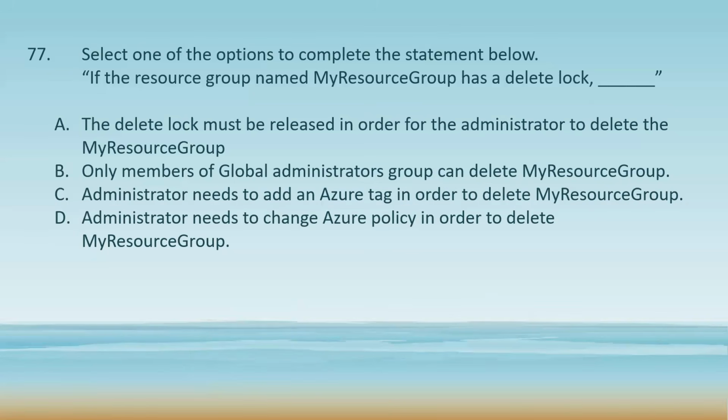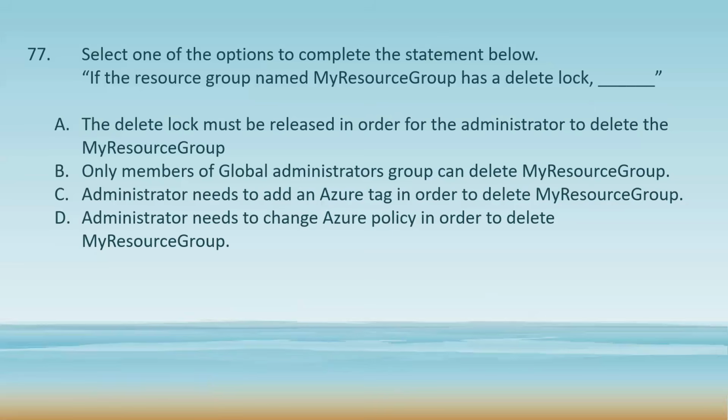Let's start by looking at option D first. It talks about a change in Azure policy, and policies are used for implementing compliance and organizational rules across your subscription or resource group. So this option is incorrect. Now, option C talks about the use of tags, which is used for grouping of resources, which again makes it an incorrect choice.